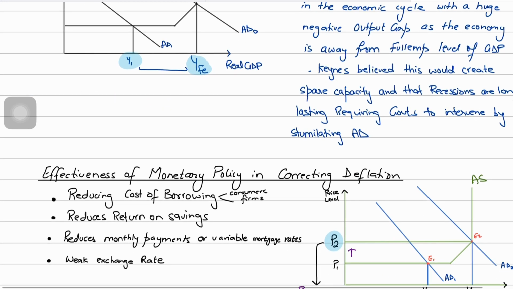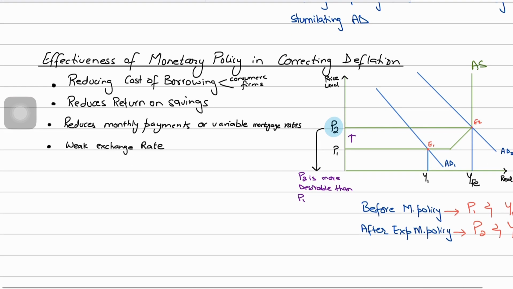Then, guys, the next step would be that you go on explaining how monetary policy could be effective in curing deflations. You will need to explain how the expansionary monetary policy, also known as the loose monetary policy or easy monetary policy, will correct the deflation.